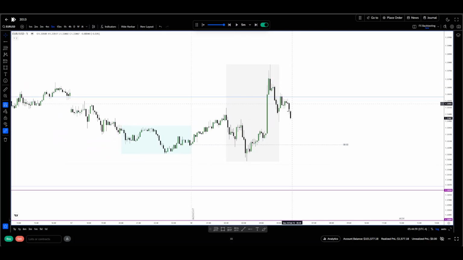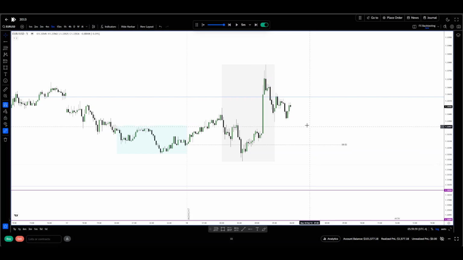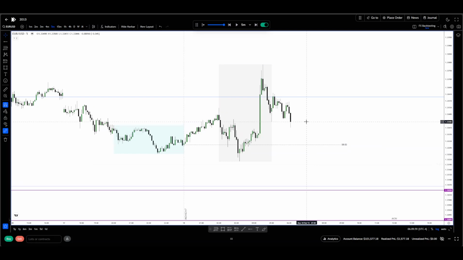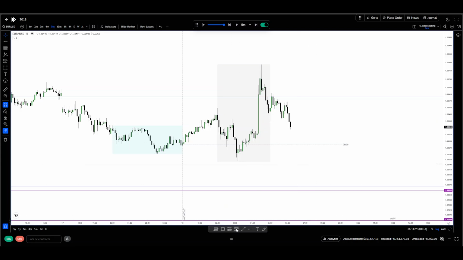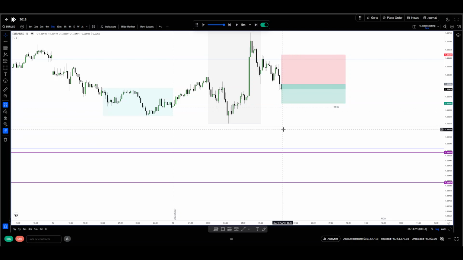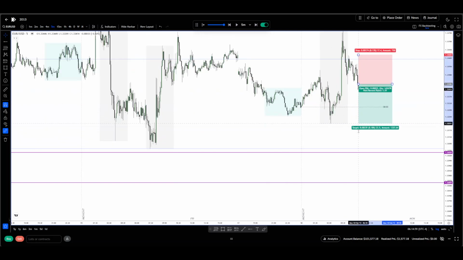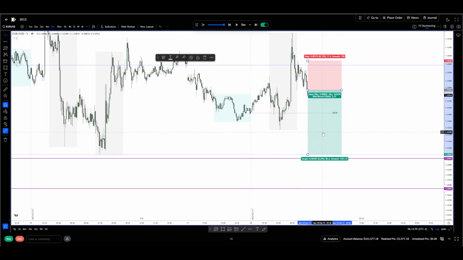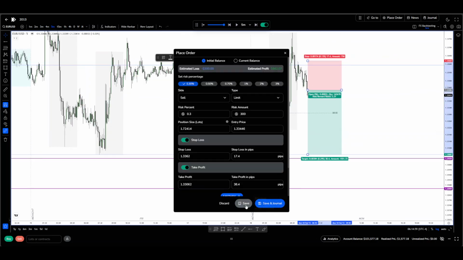So on the high time frames, this is just a wick. We broke this low with speed, yeah. So this is a short. I want to take that high, and I want to take to that low, and I'm doing that on limit.